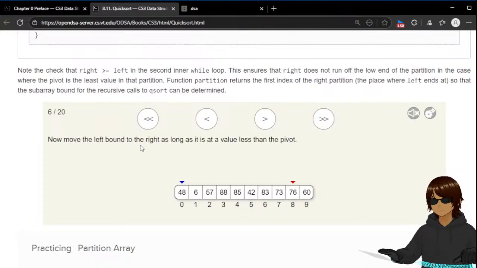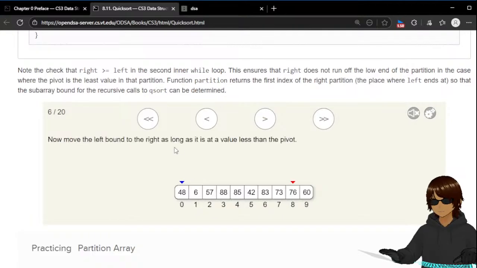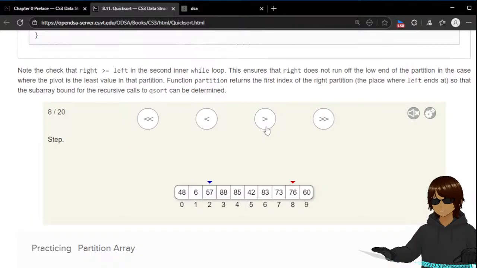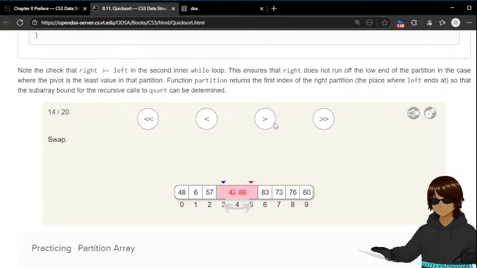Now move the left bound to the right as long as it is at a value less than the pivot. Less than the pivot, 6. Oh, now we reach 88. Now we move the right bound to the left until it reaches a value less than 60. Oh, so 42. Now the right bound is at 42, which is less than 60.